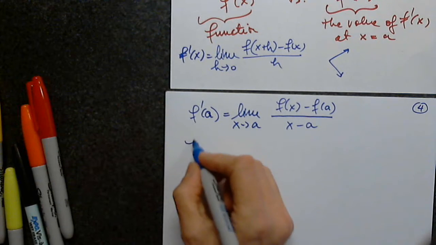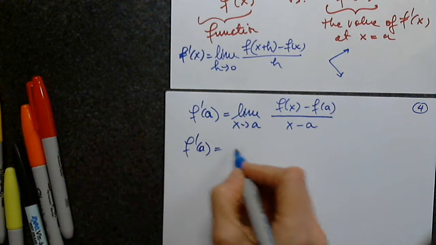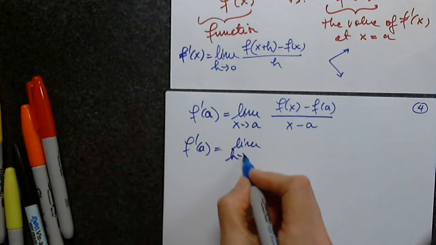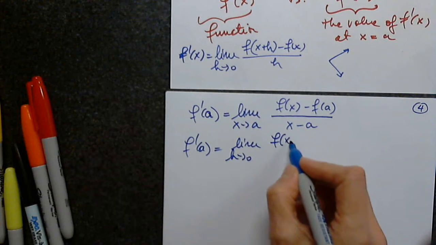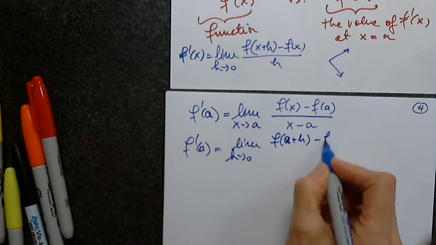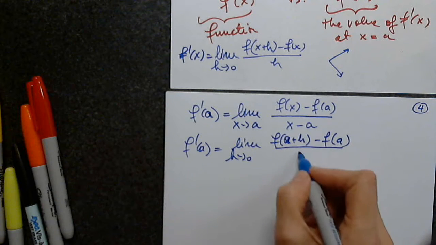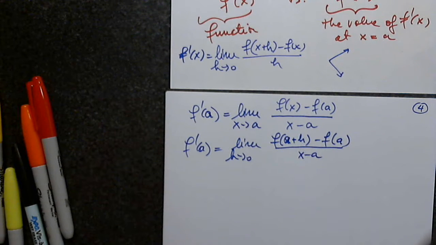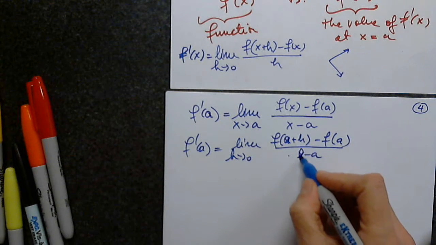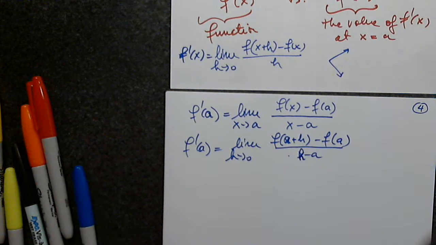And the second one is f prime of a equals the limit as h approaches 0 of f of a plus h minus f of a over h. Same thing, just a different way of writing it. Shouldn't the second one be over h? Oh, yes, of course. I looked there and started talking instead of paying attention. Thank you. My apologies.